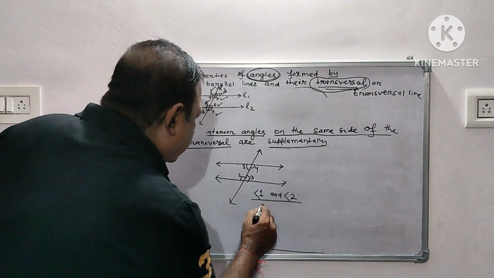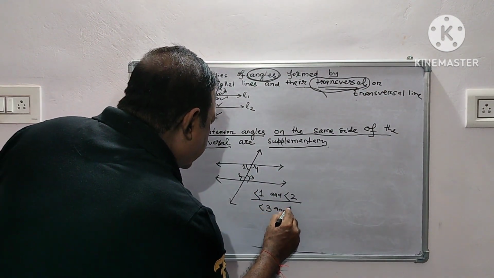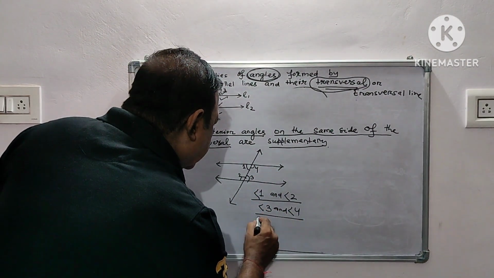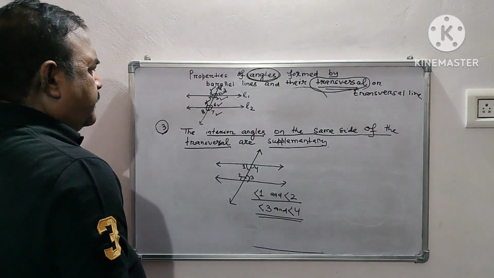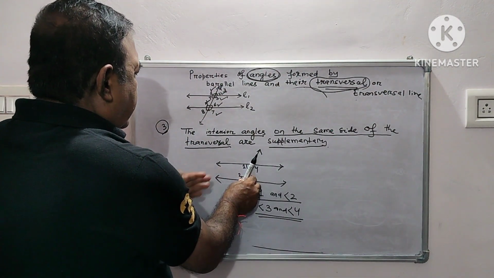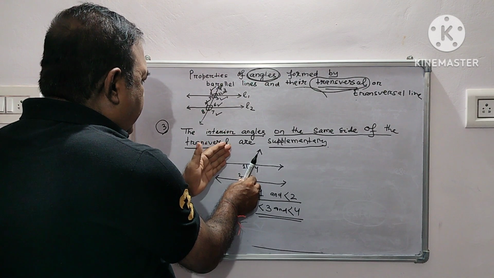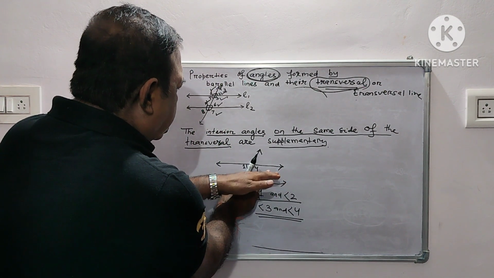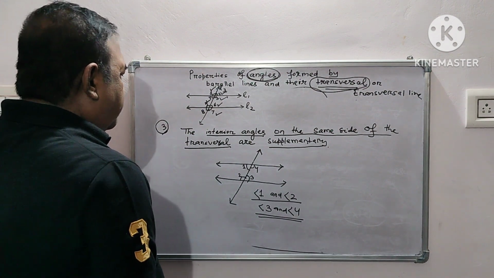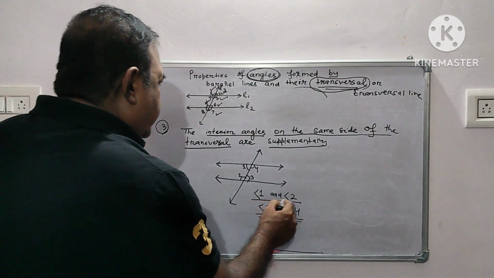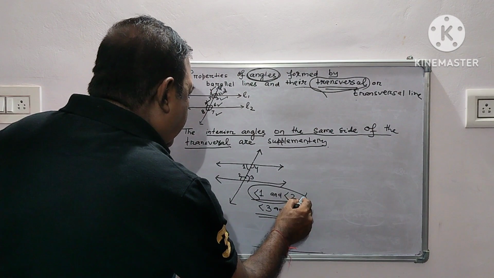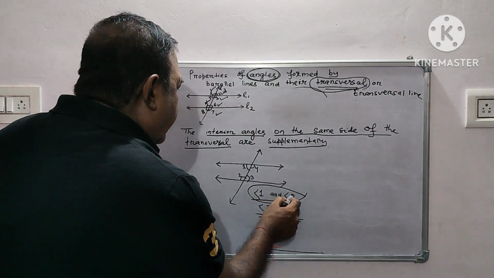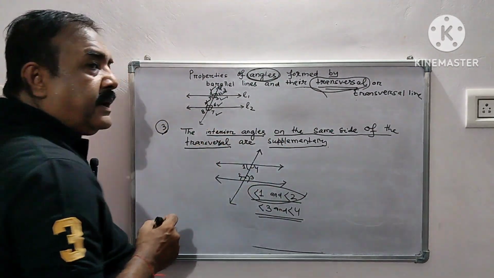And the next one is angle 3 and angle 4. This is on the other side. But on the same side, suppose angle 1 and angle 2, both the angles are supplementary to each other.